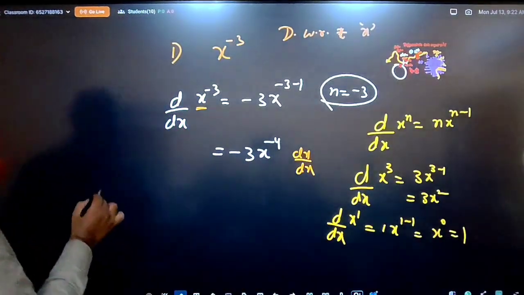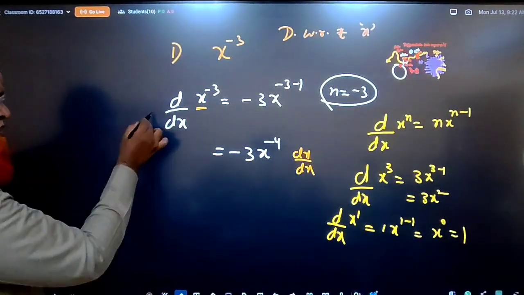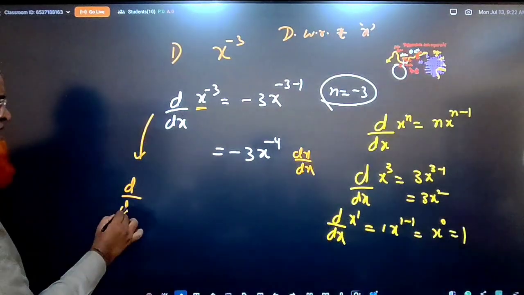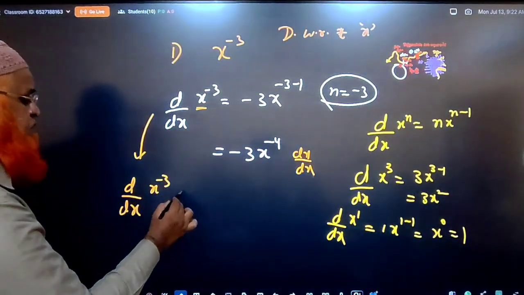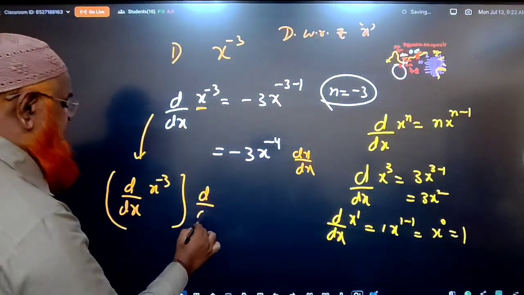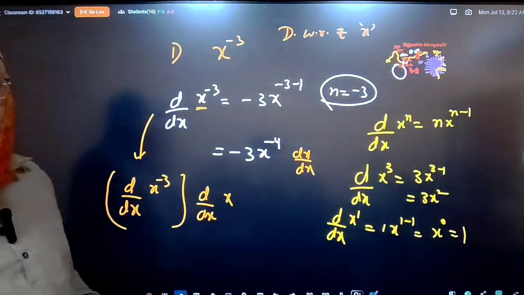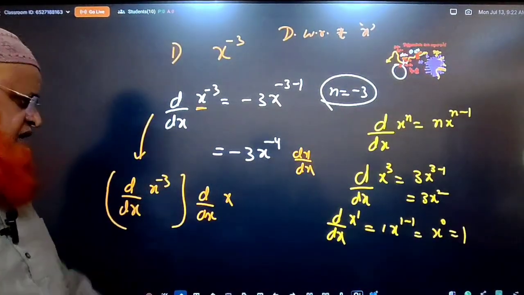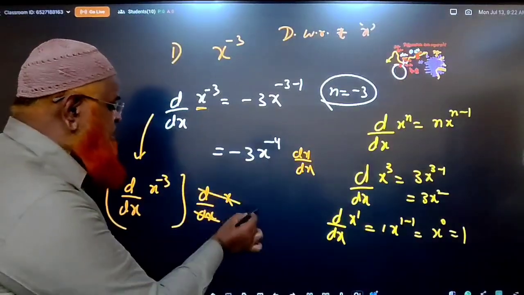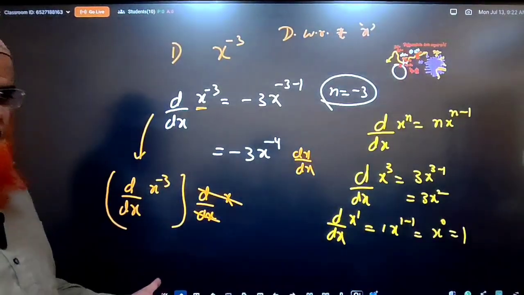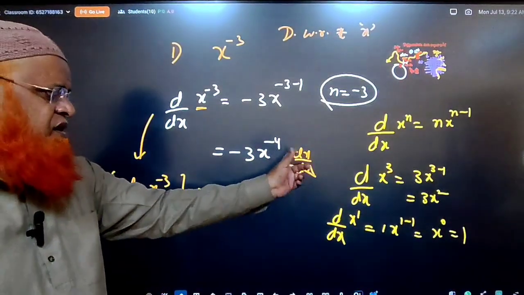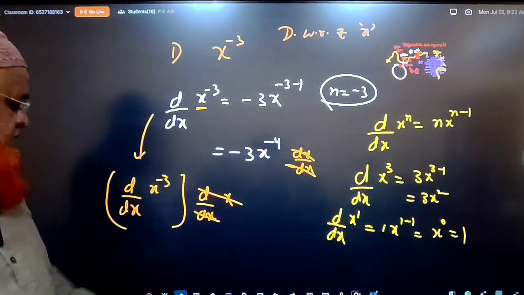Okay, so how do I explain this one? Differentiation of x power minus 3 can also be written like this: d by dx of x power minus 3. Once you differentiate, again in the second layer you have to differentiate the only variable without any power. You have to differentiate like this. As the denominator and numerator are both the same here, it's going to be 1. So I didn't write that one here.